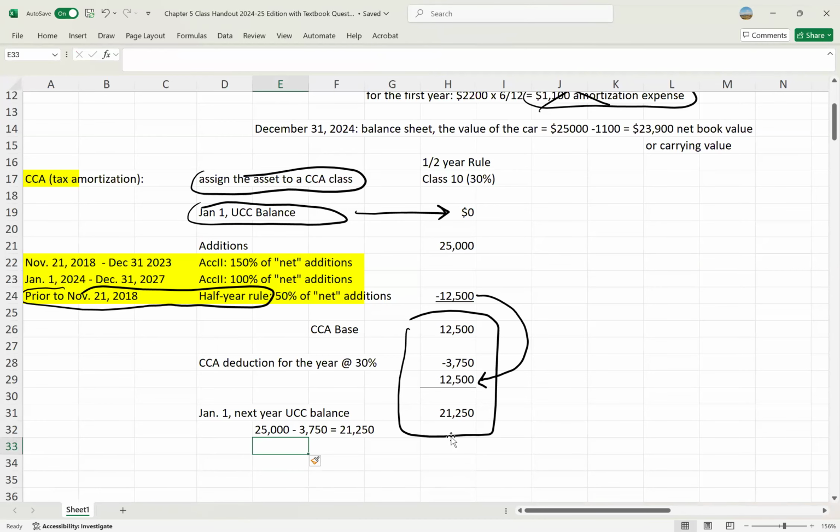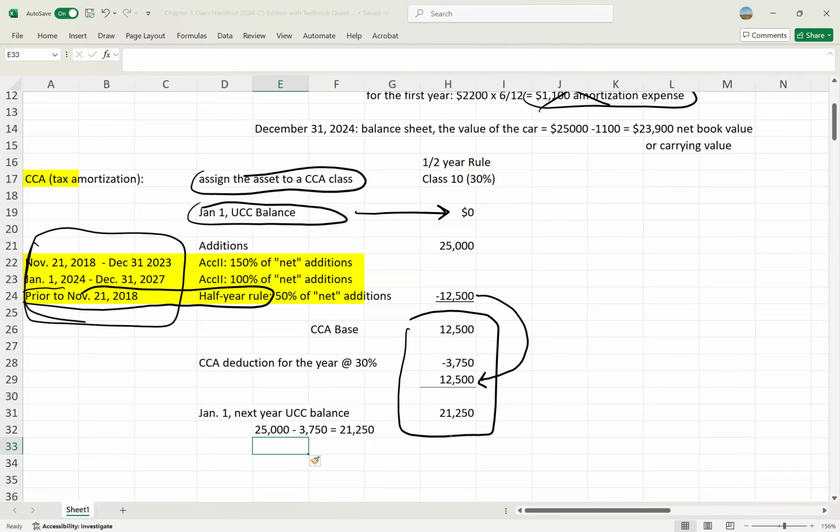This was in effect prior to November 21st, 2018. It basically just said that rather than make you prorate the number of months whenever you add new assets for CCA purposes, you'll just take 1/2 of the value for that first year and then base your CCA on that. So that's the half-year rule. Now, there are still some classes, very few, that still use the half-year rule, but for the majority of the classes, they follow these dates here.